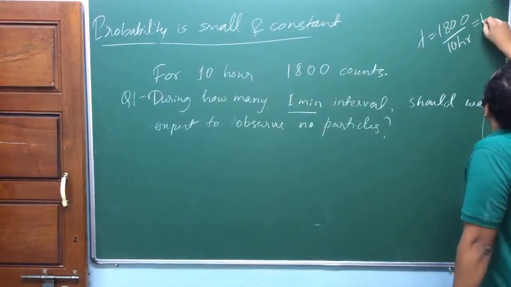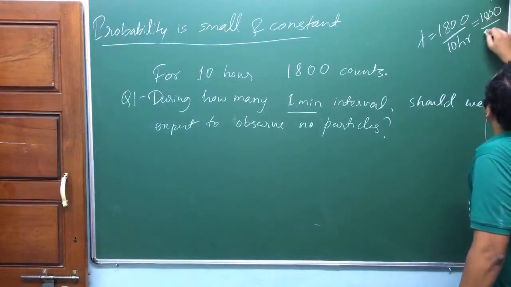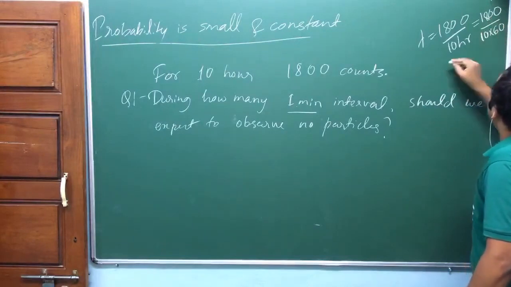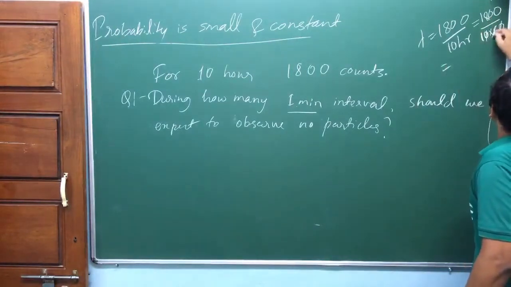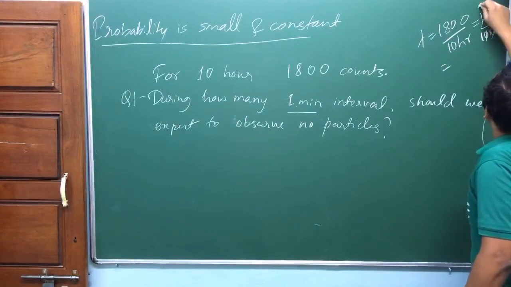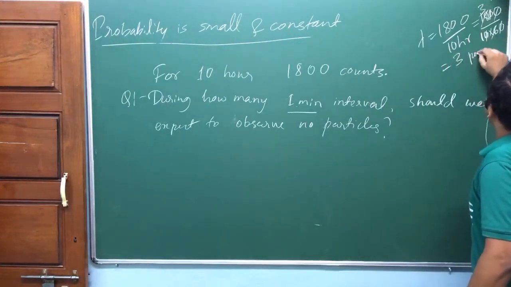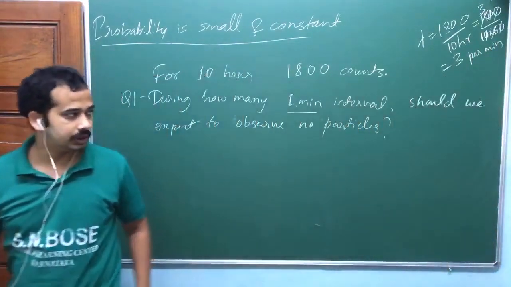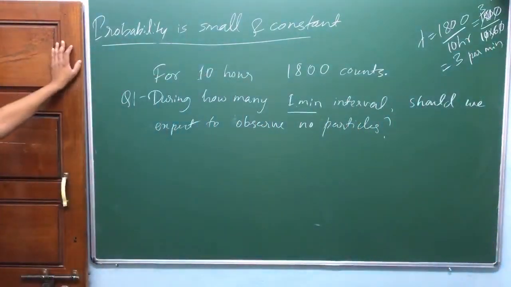I have to convert that into minutes: 1800 divided by 10 into 60 minutes, per minute. 3 per minute. Lambda is equal to 3 per minute. That lambda is required.